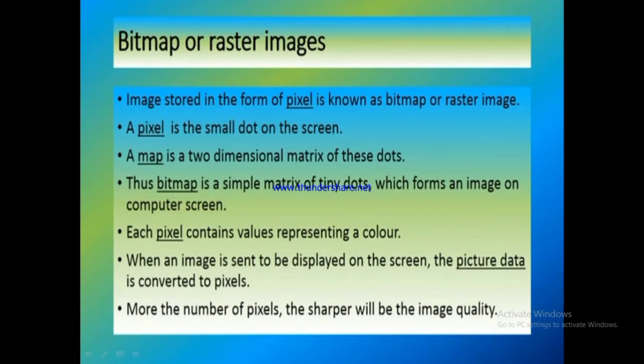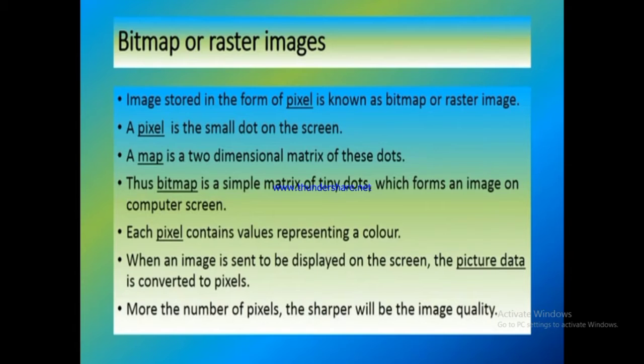When an image is sent to be displayed on the screen, the picture data is converted to pixels. The more the number of pixels, the better will be the image quality.